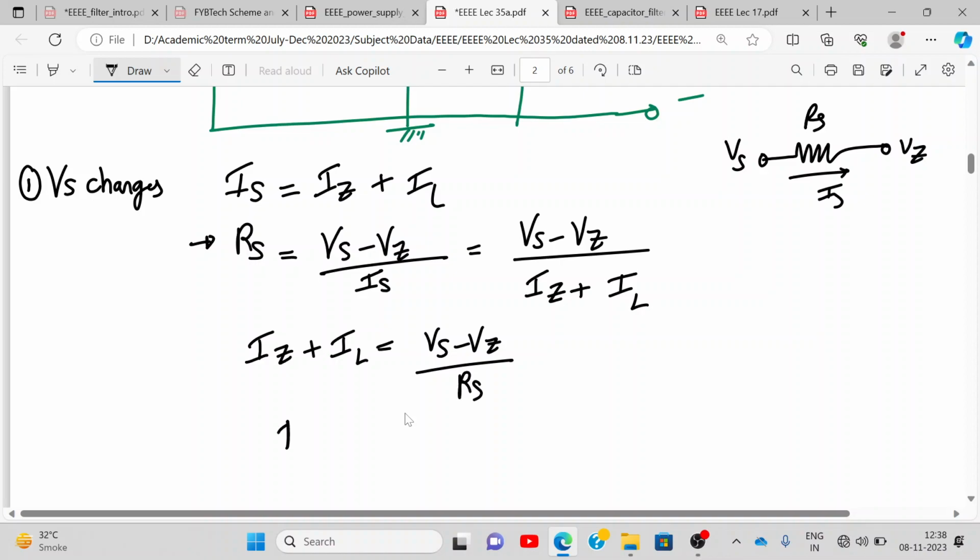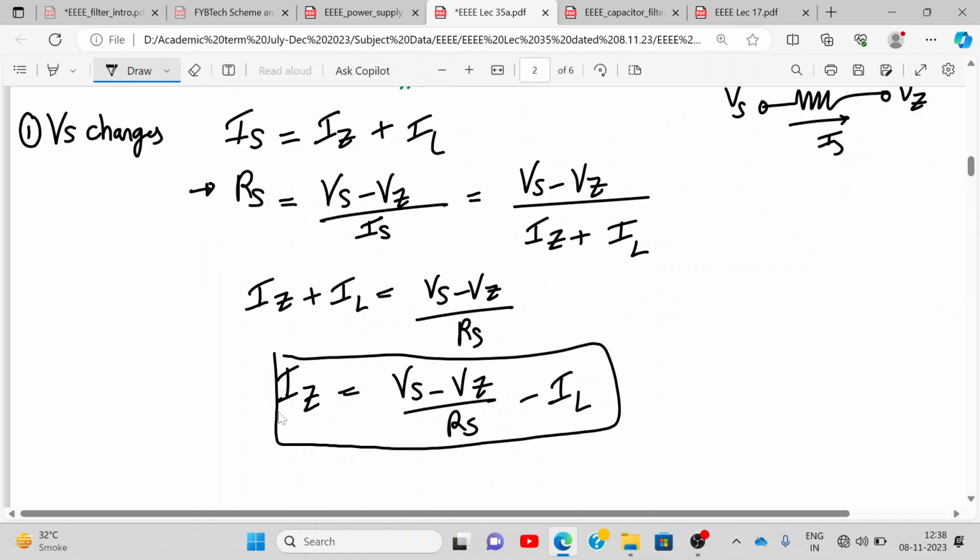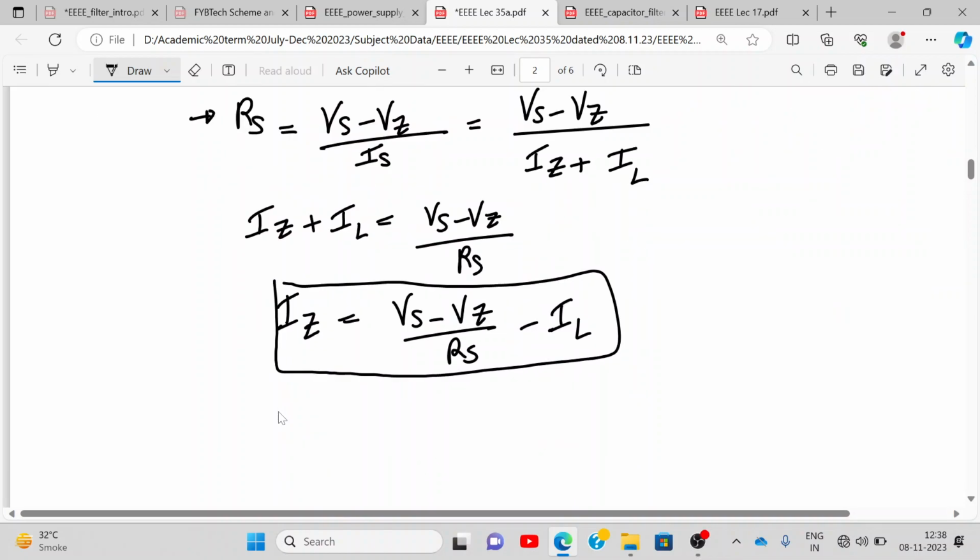So tell me what is Iz? Vs minus Vz upon Rs minus IL. Correct now? Yes or no? So that means Iz depends on IL.